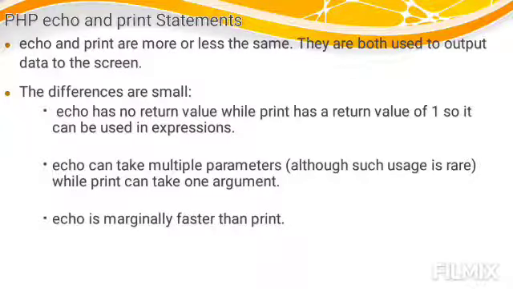Echo is marginally faster than print. We regularly use the echo statement for printing because it is faster compared to the print statement. The differences are three. Echo has no return value, print returns 1. Echo takes multiple arguments, but print takes one argument. Echo is faster than the print statement.